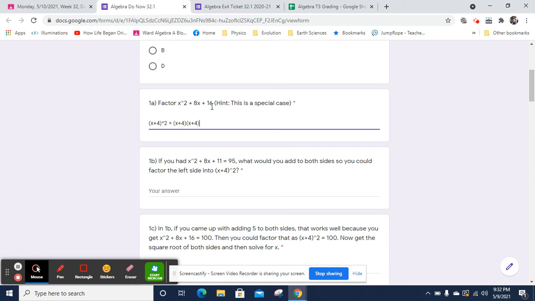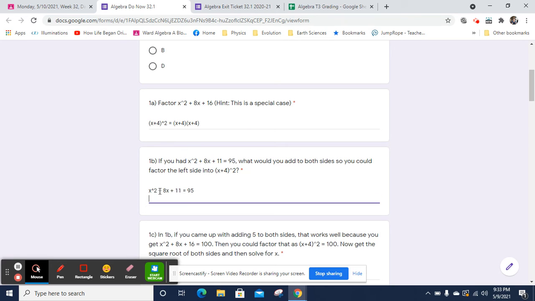So we need to turn this into x squared plus 8x plus 16. How are we going to do that?